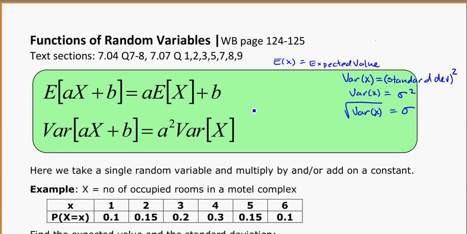That becomes important for us because we often have to switch back and forth between standard deviation and variance as we go through these problems. Now, these formulas will be given to you on your formula sheet, so you don't need to worry about memorizing them. And before I even really explain what it is, let's just get into a problem, and in context we'll make sense of the formula.